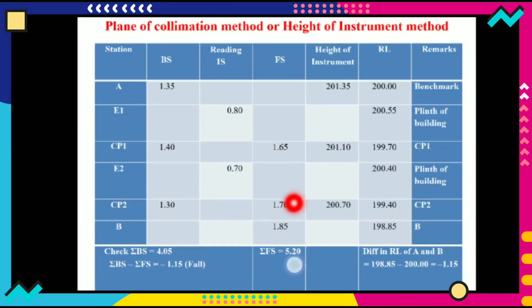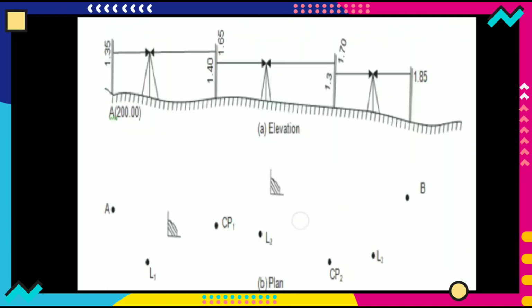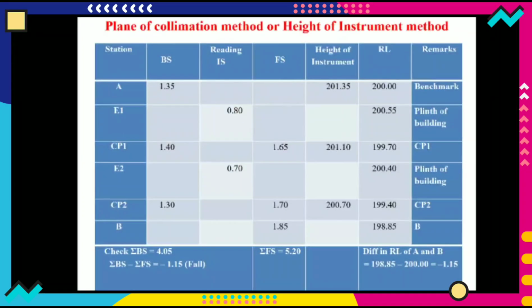After that we shift our instrument from this location to this location and take the first reading, 1.3, that is again a backsight, and the point is the same, CP2. So in front of this 1.70, we write 1.30 and the point is CP2. Then 1.85 is the last reading, so that is written in foresight.